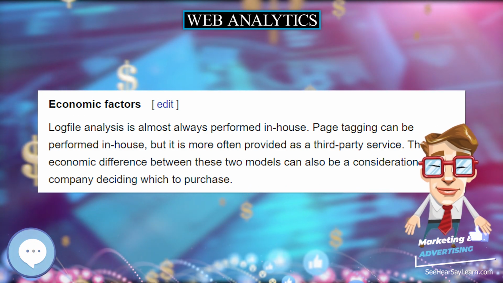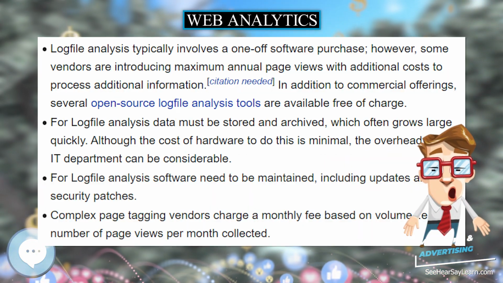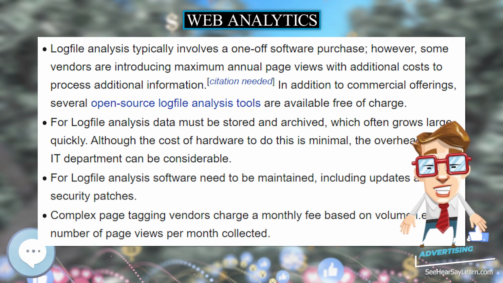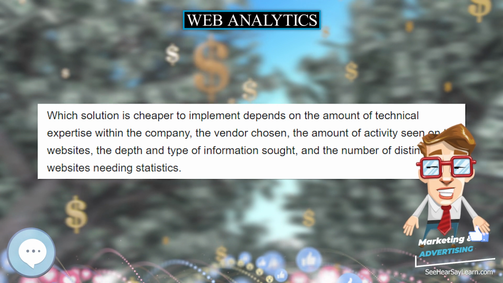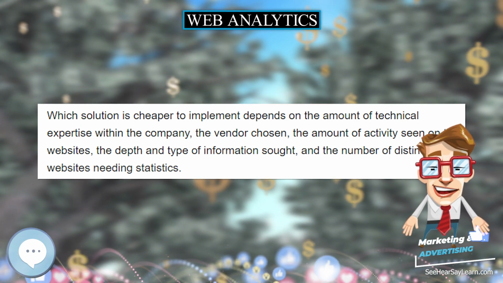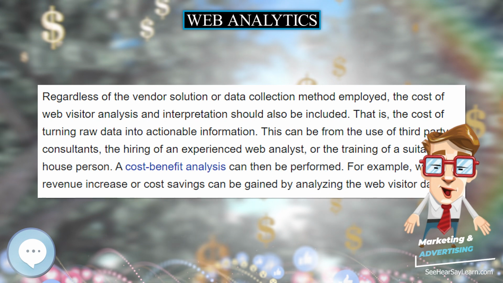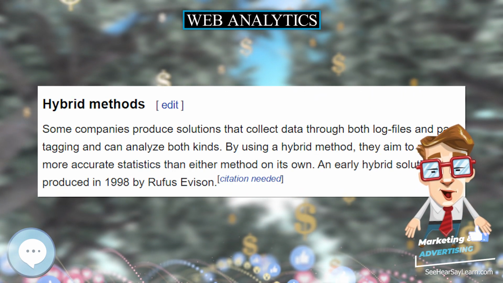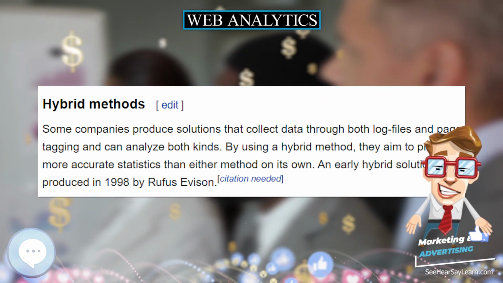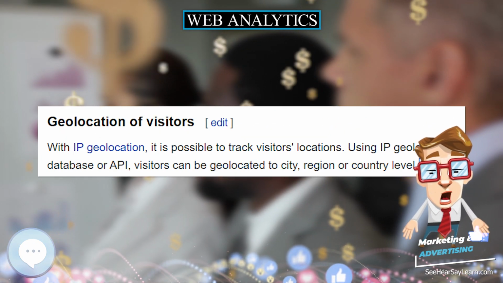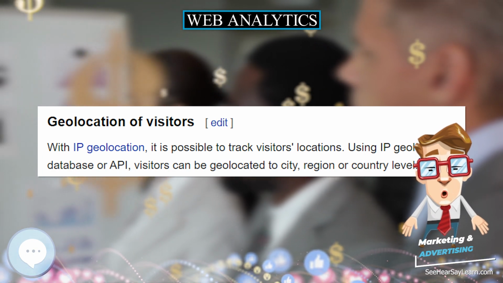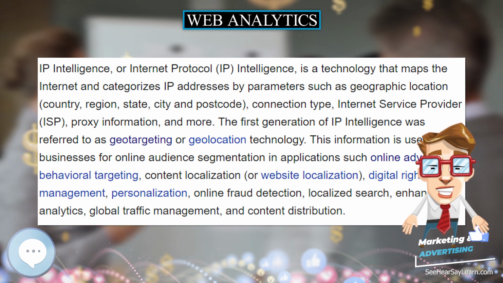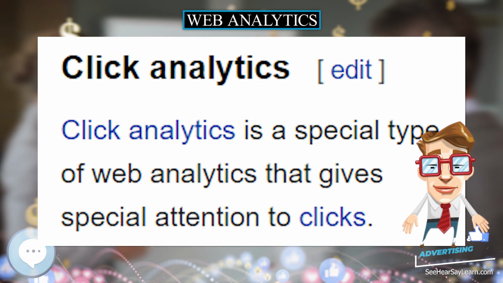Economic factors. Log file analysis is almost always performed in-house. Page tagging can be performed in-house, but it is more often provided as a third-party service. The economic difference between these two models can also be a consideration for a company deciding which to purchase. Which solution is cheaper to implement depends on the amount of technical expertise within the company, the vendor chosen, the amount of activity seen on the websites, the depth and type of information sought, and the number of distinct websites needing statistics.